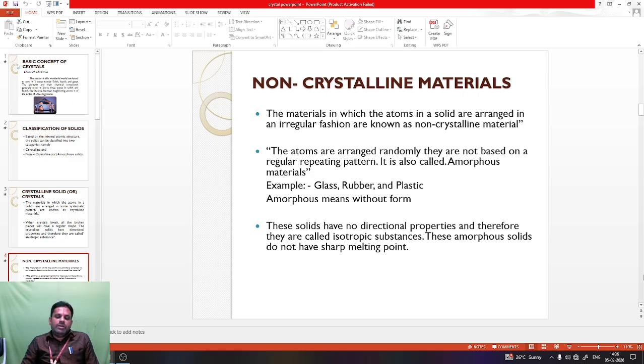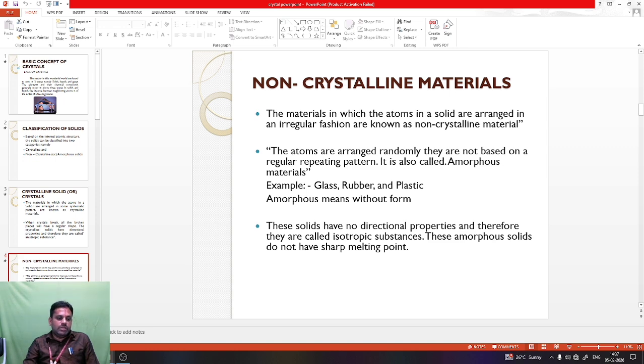These are all non-crystalline materials. They do not have a direction-dependent property. That is why they are called isotropic: for every direction the property is the same.